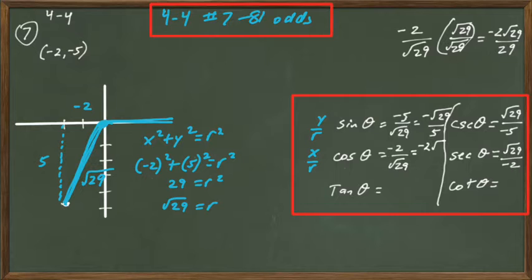So negative 2 radical 29 over 29. Tangent, do you remember tangent was y over x? So what's y over what's x, and what's a negative divided by a negative? And cotangent is its reciprocal, so it would be 2/5.